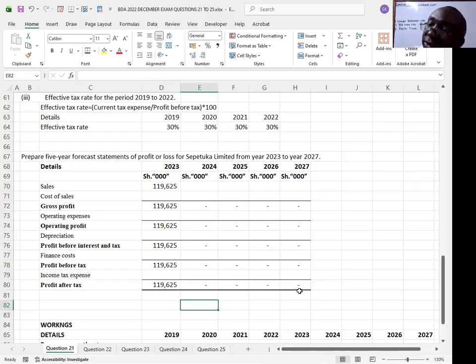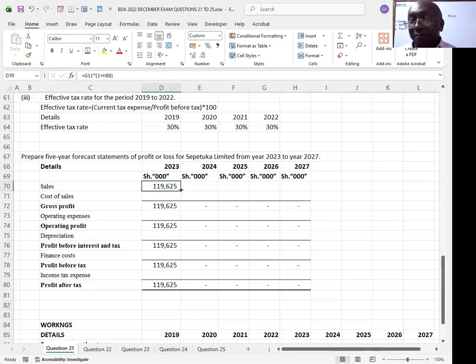But if you want to use decimals, well and good. Remember when we covered the issue on roundings, we said Excel does not change the real number. They only change the display. But when you use it in subsequent applications, the number remains. Now this one, let's autofill. The revenue, let's autofill.